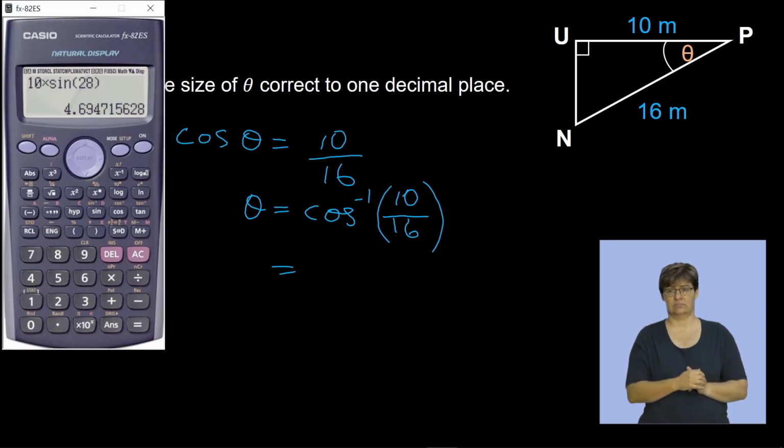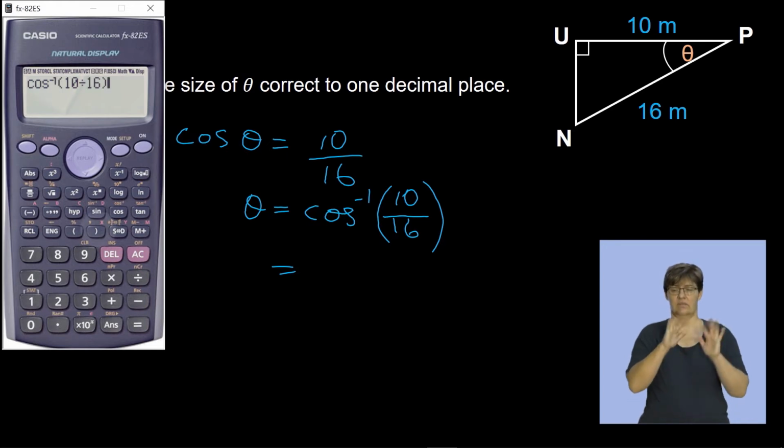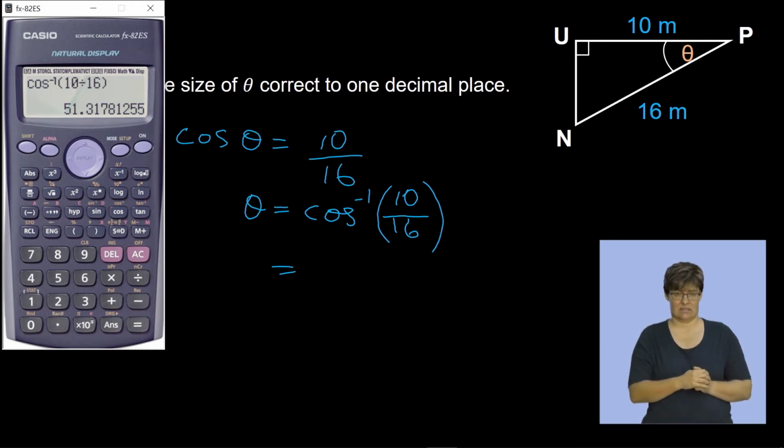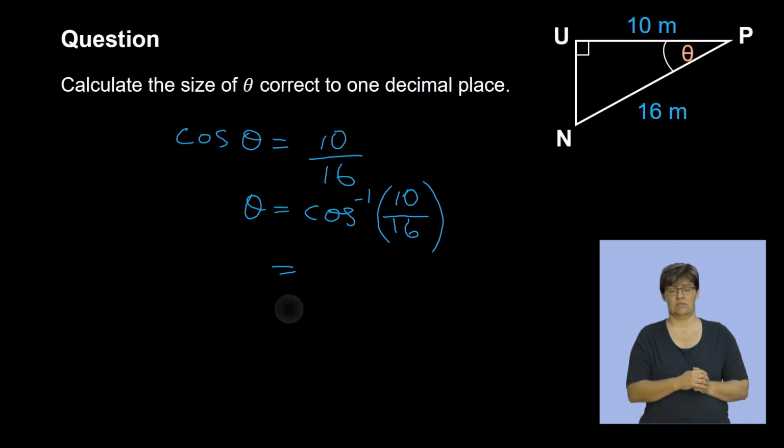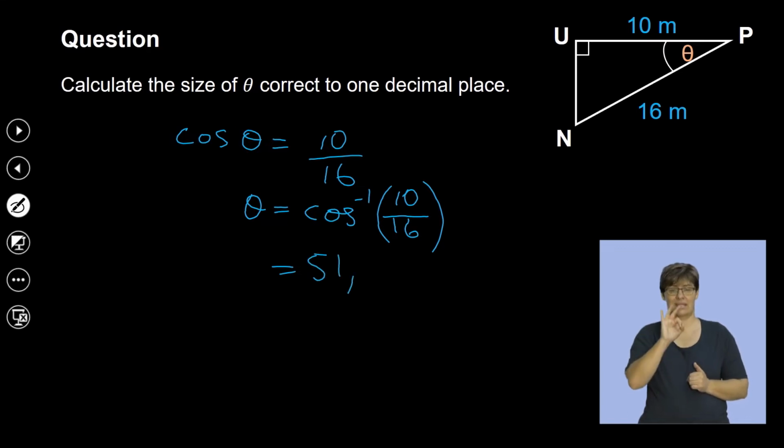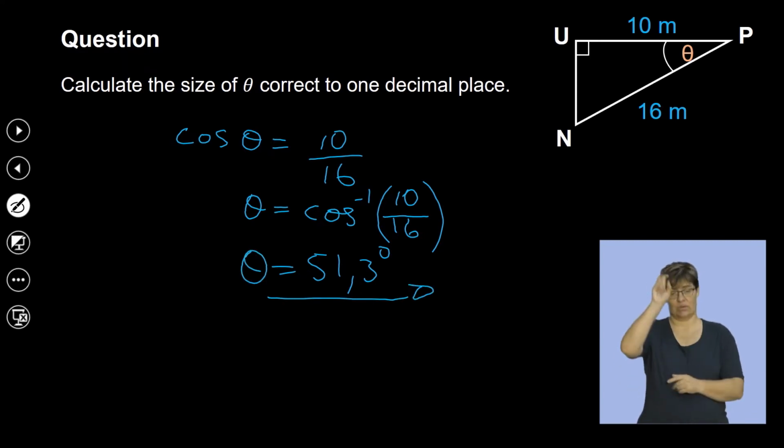So let's do this and see what do we mean. Shift cos, this will be 10 divided by 16, as I said, and therefore that will be 51.3. So it's just going to be 3 because it's to 1 decimal place. So this will be 51.3 degrees. Remember, theta is an angle, so we need to include the degree when we talk about theta.